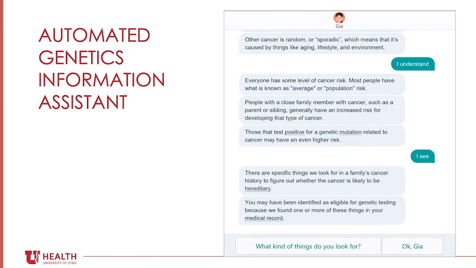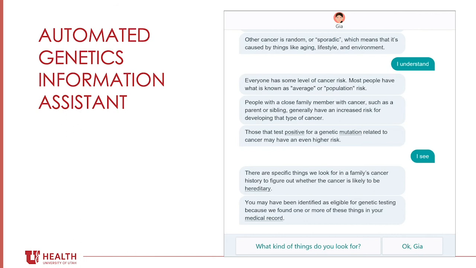This is to give you a little more detail on our patient-directed approach, which is, again, an invitation that people receive to complete a chat, which is conducted by a chatbot we call GIA, the Genetics Information Assistant. We partnered with Clear Genetics, which is now part of Invitae, to develop the platform.